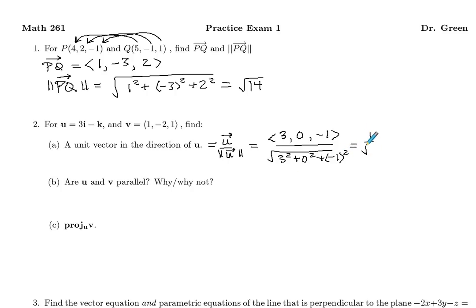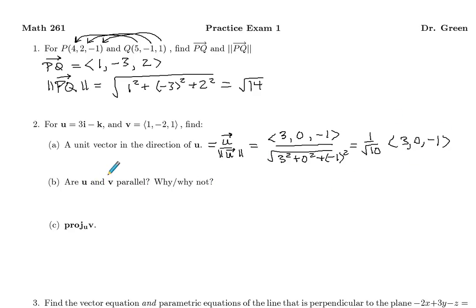We write that as 1 over root 10, a scalar multiple, times the vector 3, 0, negative 1. These point the same direction as our original vector u, except that this is length 1. The original vector was length square root of 10.